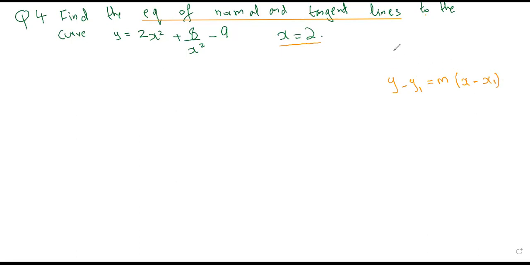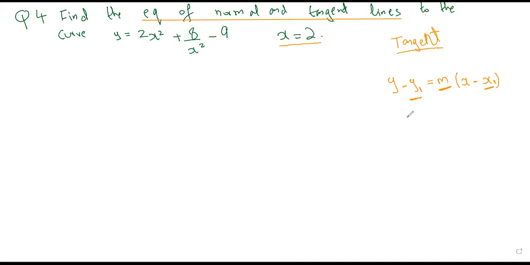Now let's say I talk about the tangent line first. If I am interested in finding the tangent line, I need three things. I need the gradient of the tangent line. I need a point on the tangent line, and I basically need the x coordinate of that point. It could be any point on the tangent line. And I need the y coordinate of the same point that I am using.